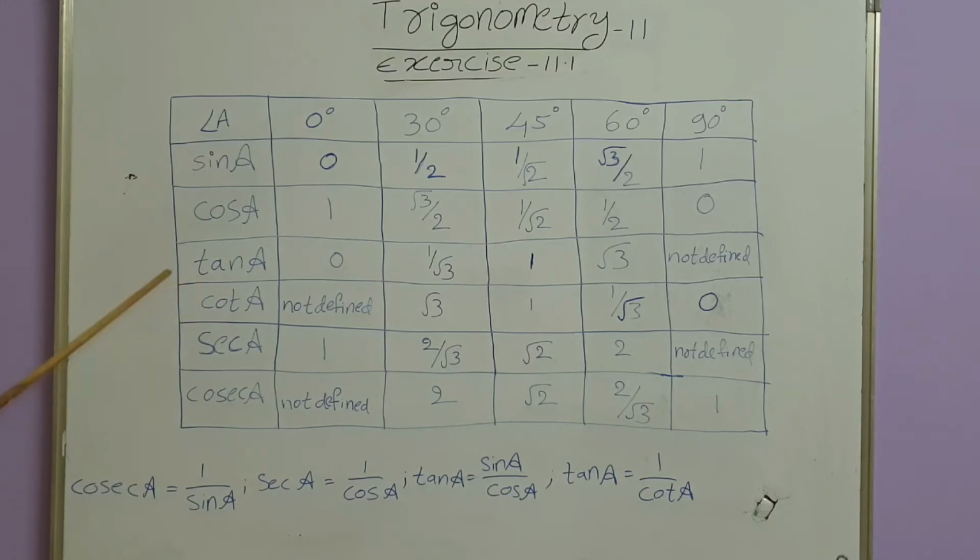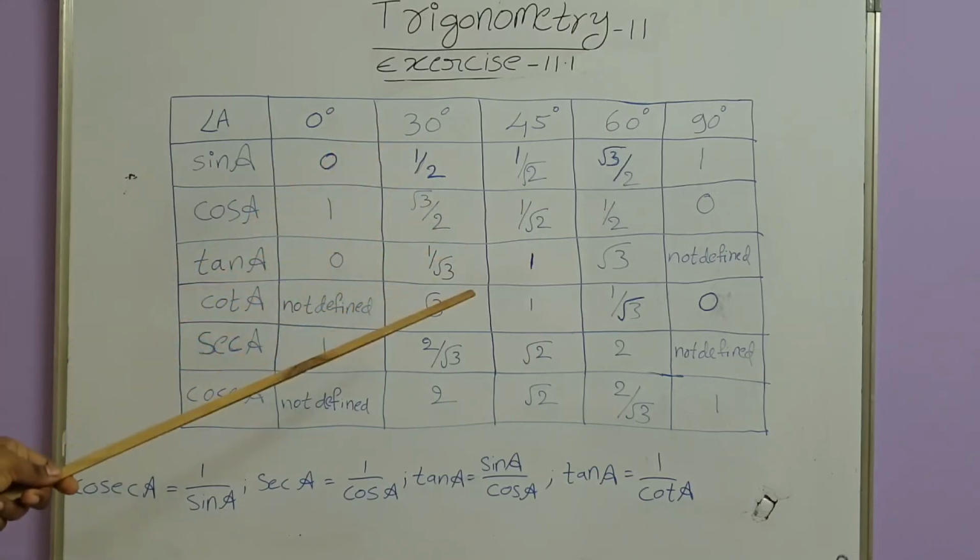And tan A, what is tan A? Sin A by cos A. So, tan 0 degrees is equal to 0 by 1, 0. 0 by anything is equal to 0. Tan 30 degrees, 1 by 2 by root 3 by 2. These two denominators are cancelled. We get 1 by root 3.